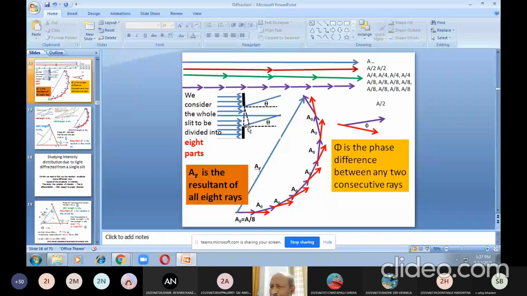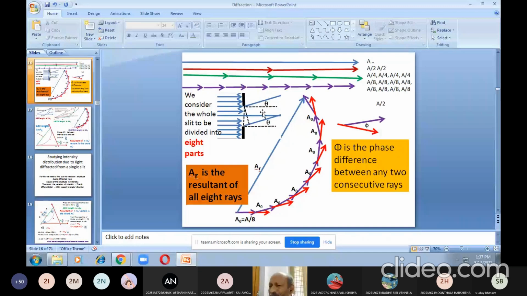If I convert this path difference into phase difference, then the phase difference capital phi is equal to d sine theta into 2 pi by lambda.